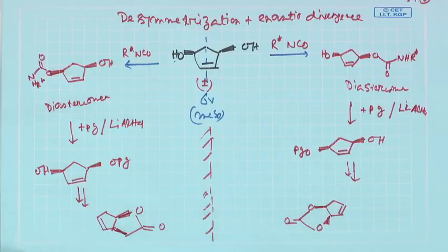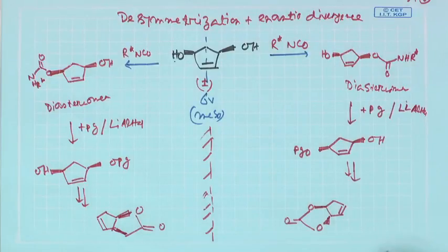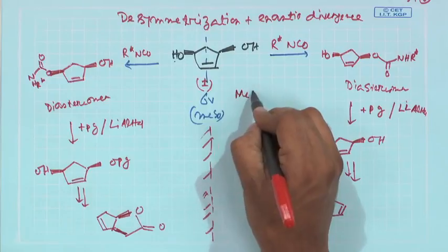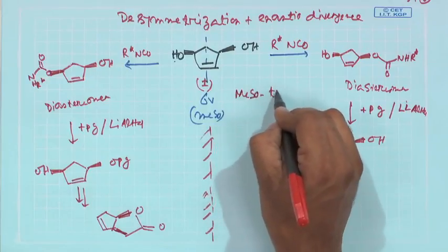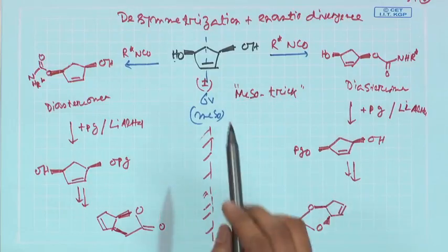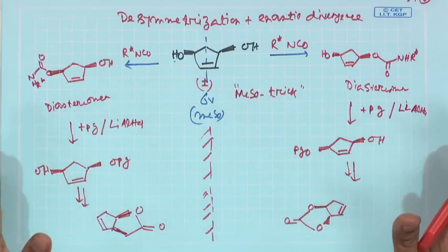So this entire pathway is desymmetrization as well as divergence, and this technique is often named the meso trick. Meso trick means utilizing the meso compound and its internally compensated chirality to make two diastereomers.